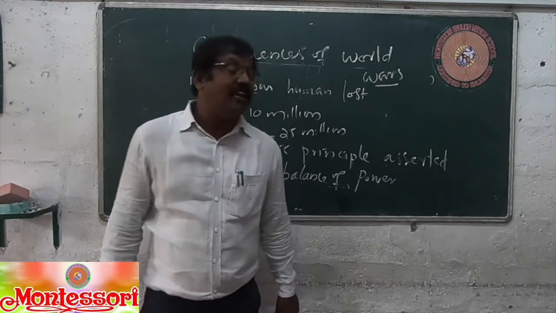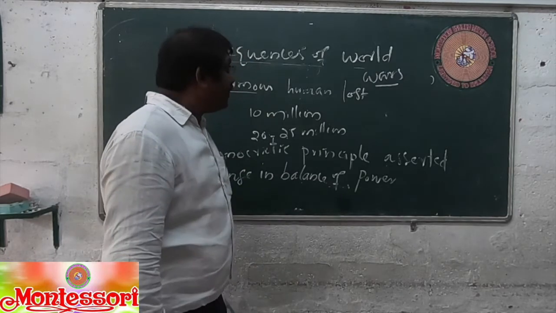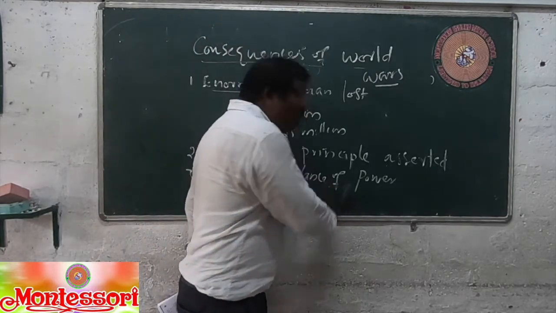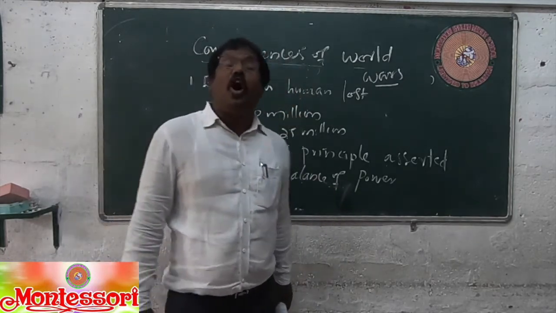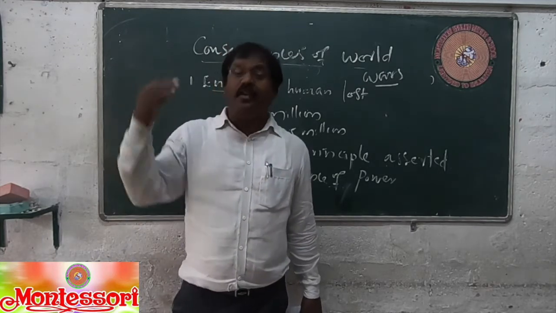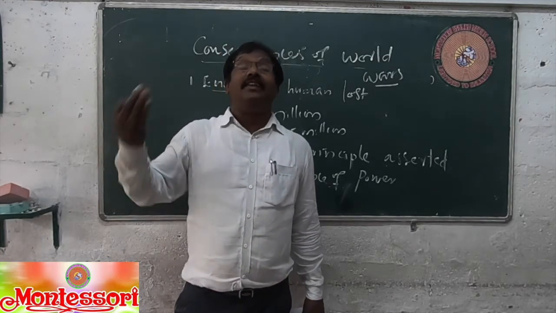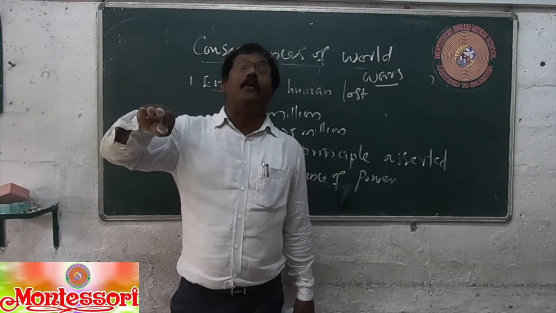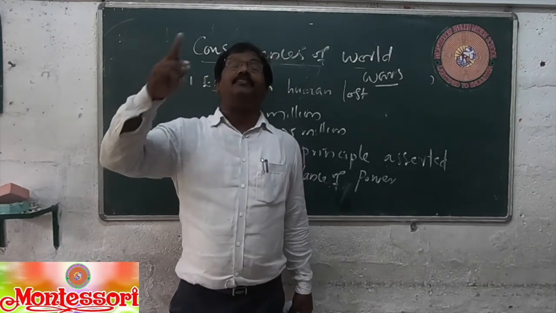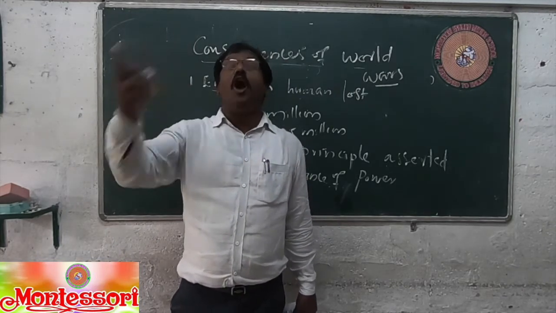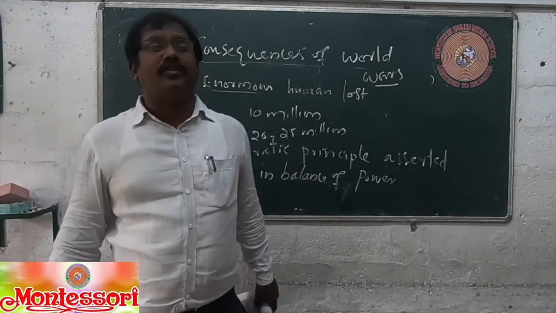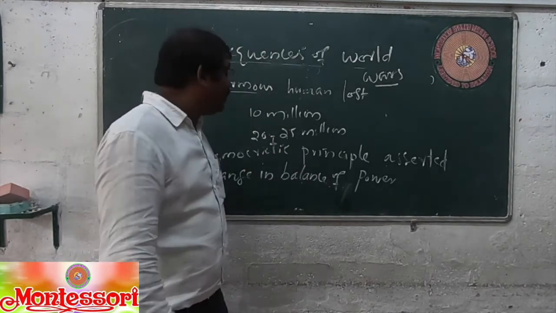Before, England dominated Europe as well as the world, and now many new countries came forward to accept the challenge to the domination of England. That's a very important point.